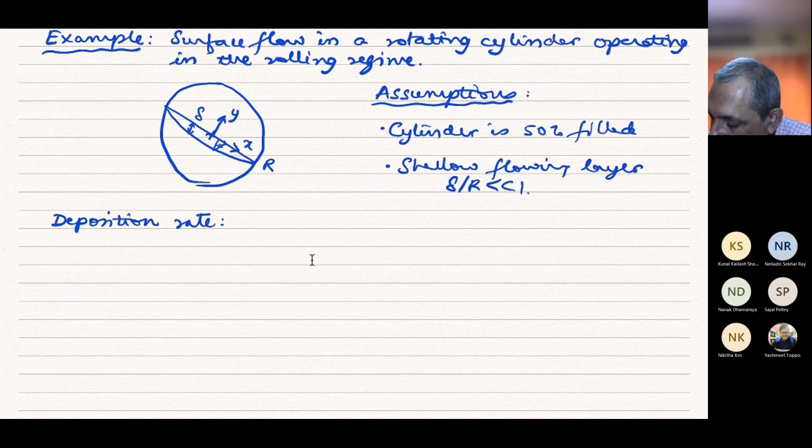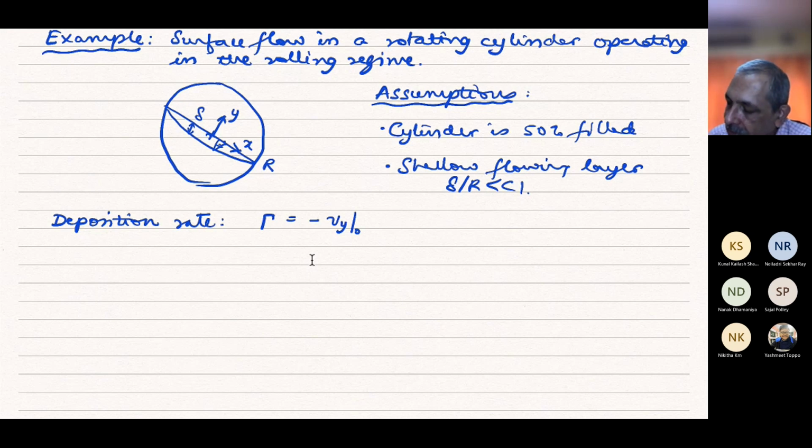So we know the deposition rate is just defined as equal to minus Vy at 0, which is the interface. So we have to know what is Vy, and if we say delta is very thin, then at y equal to 0, we want to find out what is the velocity.